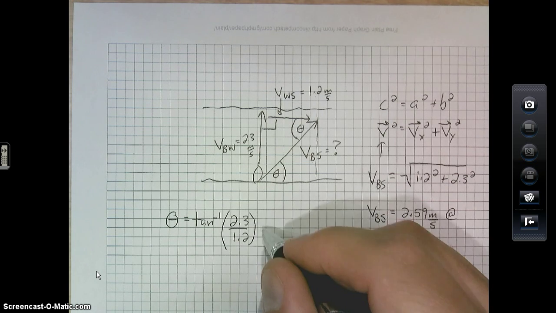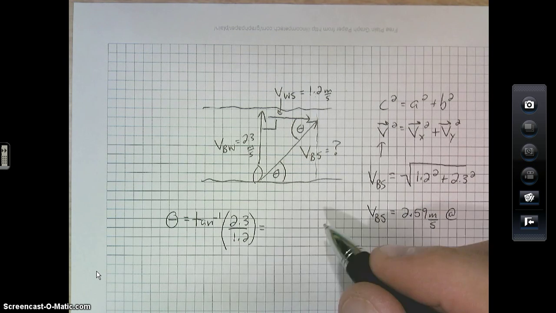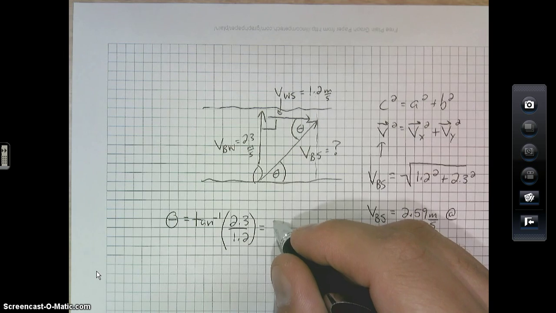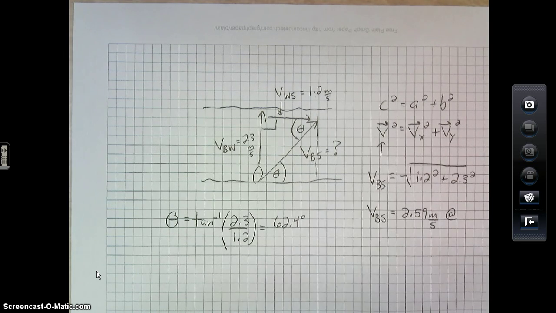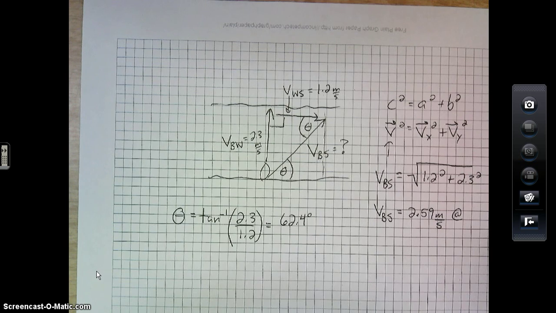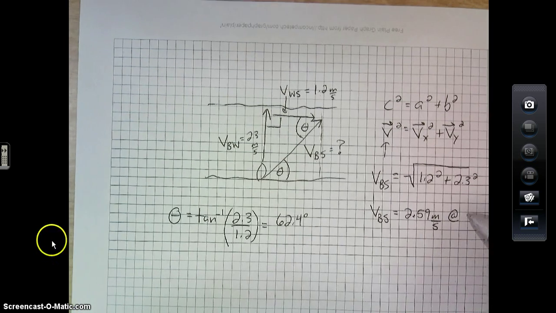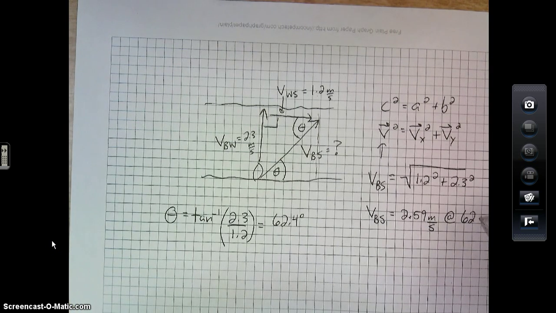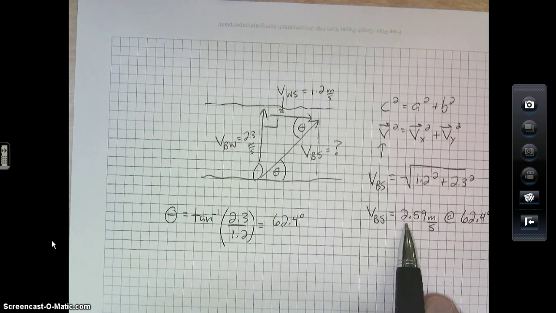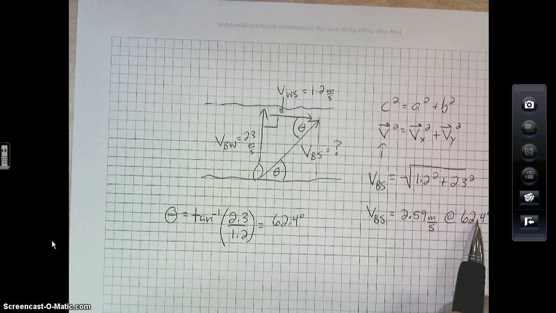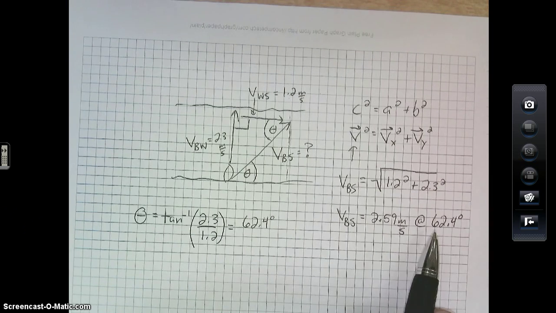If we do that, I do believe you end up with 62.4 degrees. Once I actually have this angle, now I can write this as 2.59 meters per second at 62.4 degrees. And we already know that it's the velocity of the boat relative to the shore, so this is the velocity relative to the shore at that particular angle.